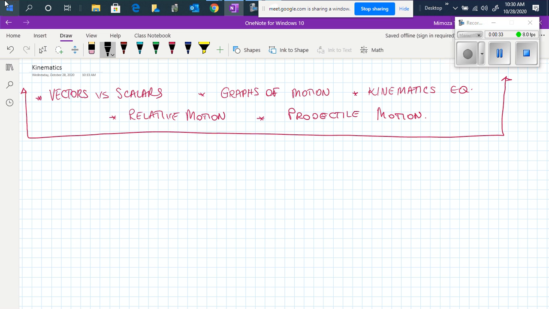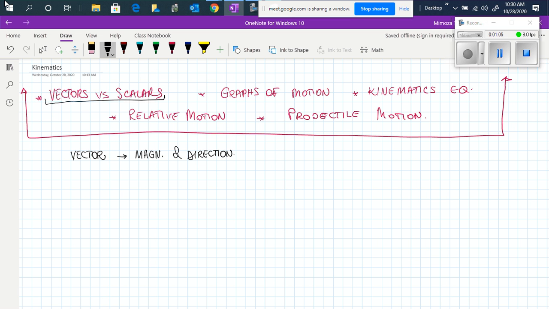Okay, the very first thing that we need to clarify in the kinematics is the concept of vectors and scalars. So when we are talking about a vector quantity, what we are asking for in order to fully describe that is to define what is the magnitude and what is the direction of this quantity.